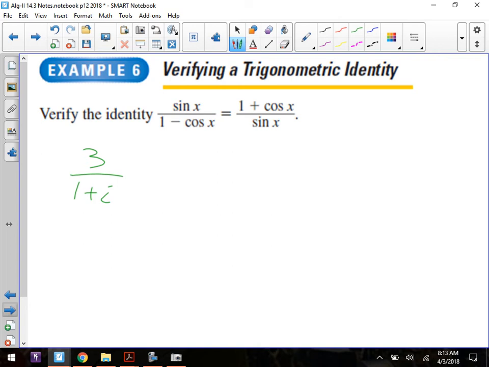All right. What if I did this? I'd have to multiply by what's called the conjugate. The conjugate of 1 plus root 3 would be 1 minus root 3.